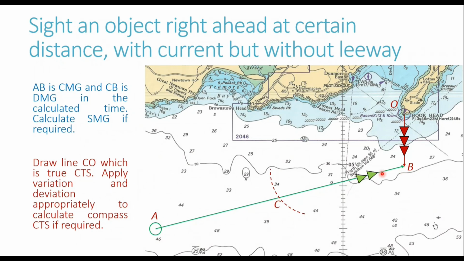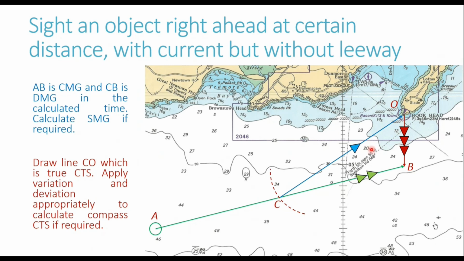Now, how is this Charlie Bravo the distance made good in this particular time? For this, let's draw a line joining point C, the Charlie point, with our object O, which is the Hook Head lighthouse. So let's join these two and mark this line CO. This Charlie to Oscar is our course to steer.